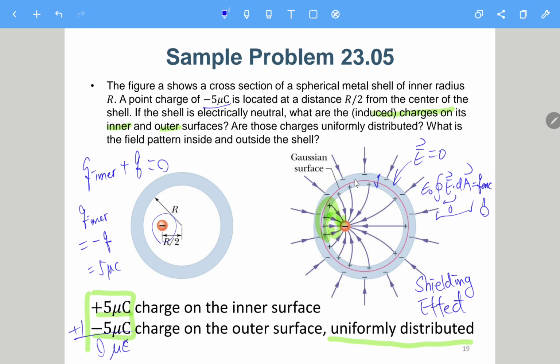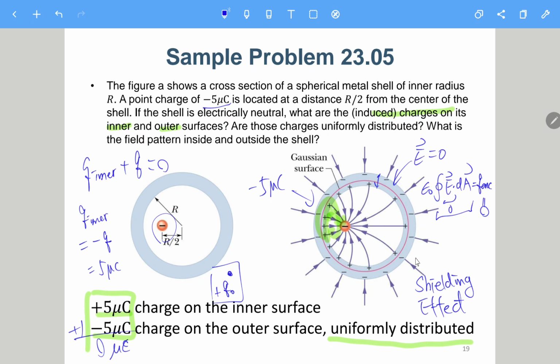If you have a charge outside the shell, just say this is Q0, a positive test charge, this Q0 won't see where the negative charge is inside. It feels like the negative 5 μC is equally distributed on the shell.